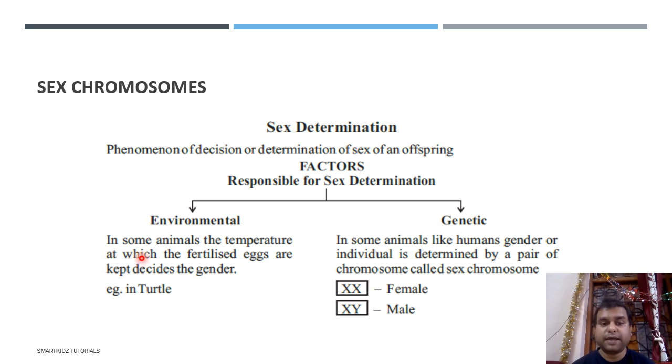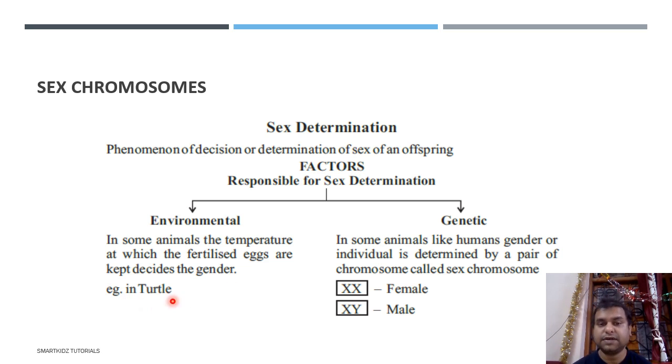In some animals, there is an environmental factor attached to the determination of sex, for example temperature. The temperature at which the eggs are fertilized decides the gender, as in the case of turtles.